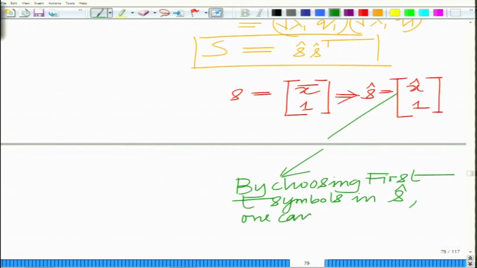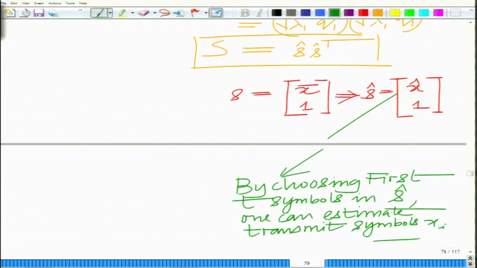One can estimate or detect the transmit symbols x, and from that of course you can get the transmit vector x.